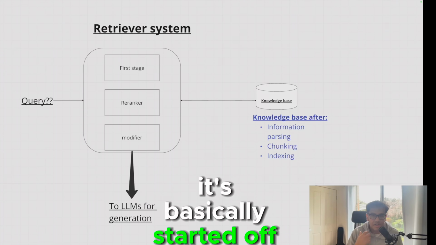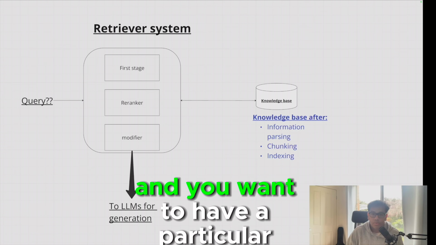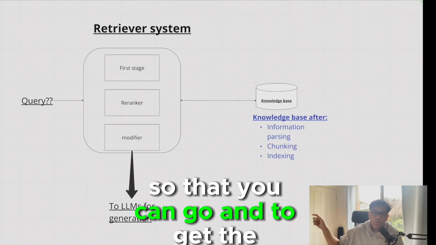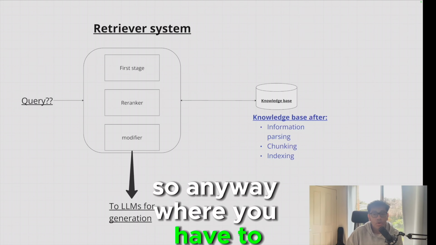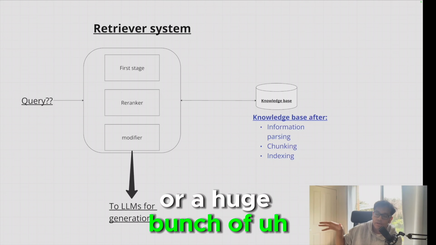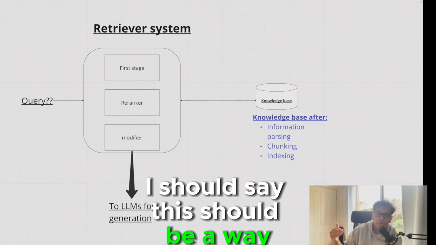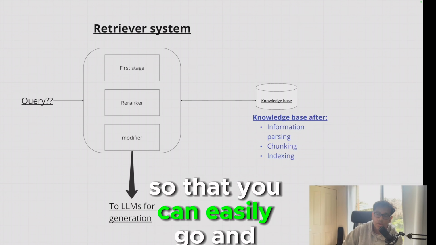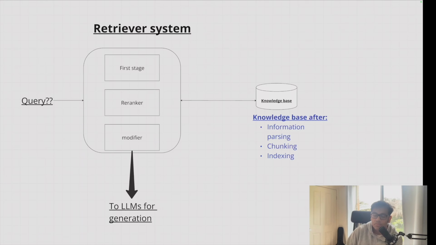It started off in multiple other streams, where it might be libraries with multiple books and you want a particular index so that you can go and get the right book, and other places. So anywhere where you have to retrieve from a huge bunch of information or IDs, you should index them so you can easily go and search for whatever you might need. Now, that is in essence indexing.